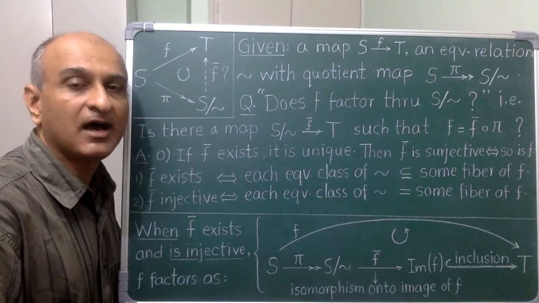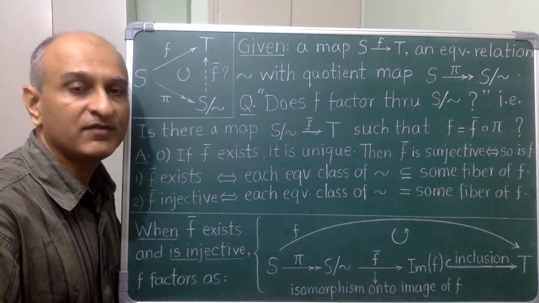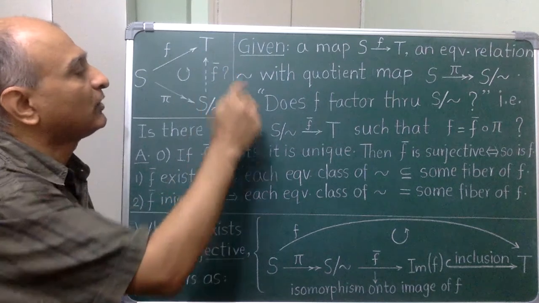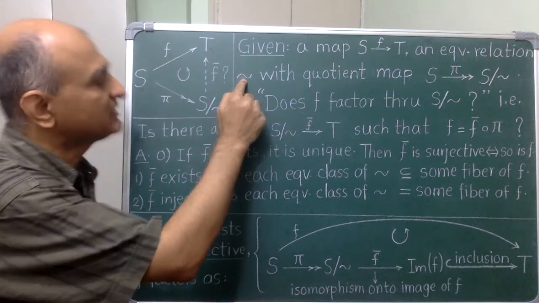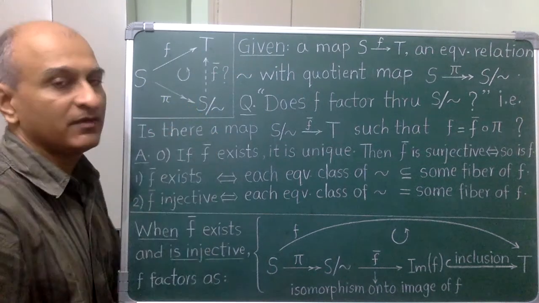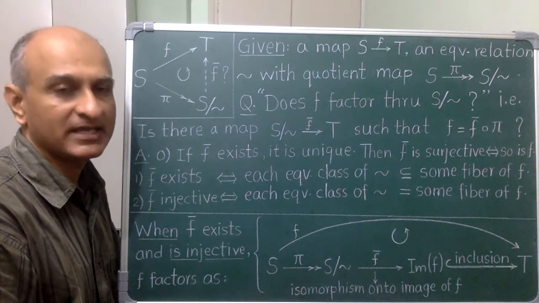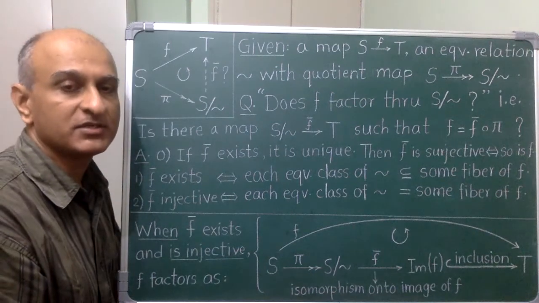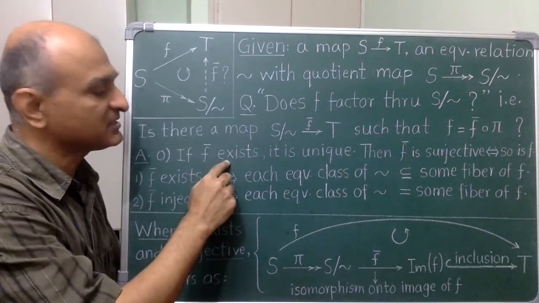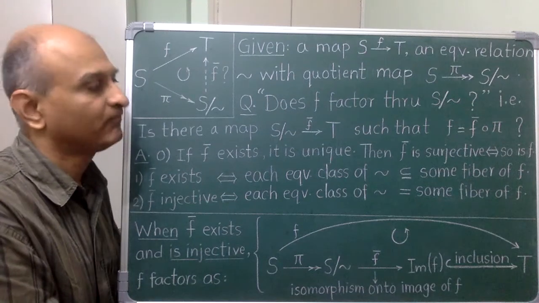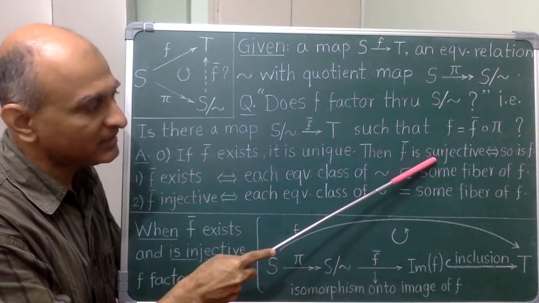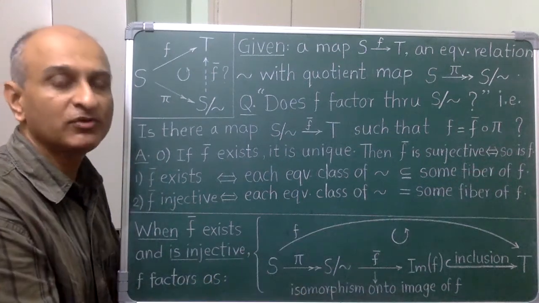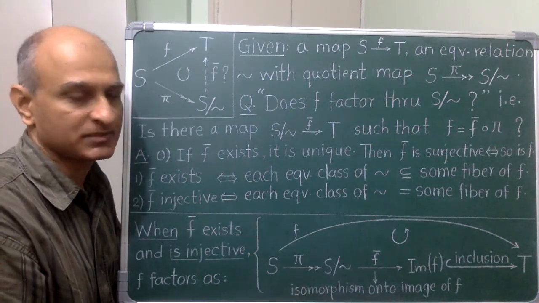Okay, let's see the answers in general. We are given a function f from a set S to a set T and also an equivalence relation on S giving the quotient map. We want to know when a function f bar exists, making this diagram commutative. First observation, if f bar exists, then it is automatically unique. And in that case, f bar is surjective precisely when f is surjective because both functions have the same set of outputs.